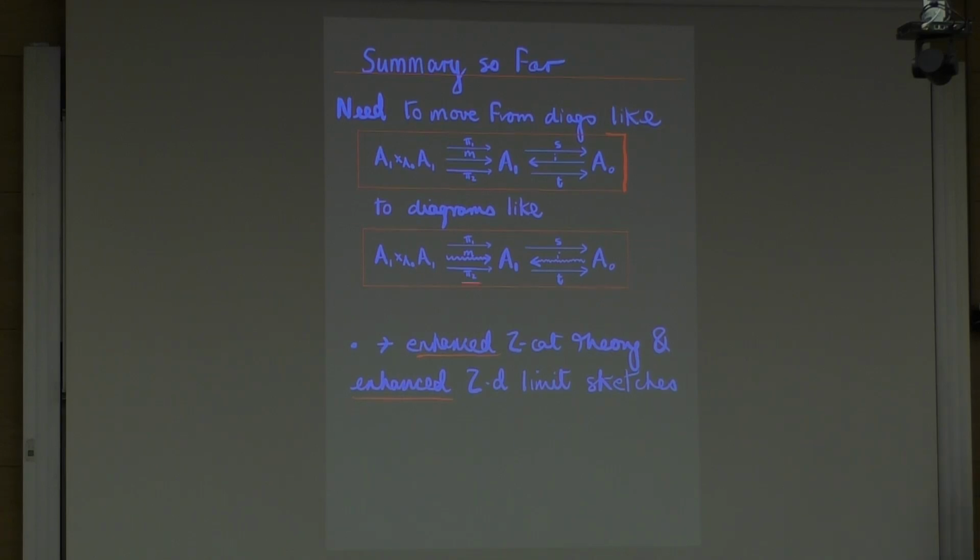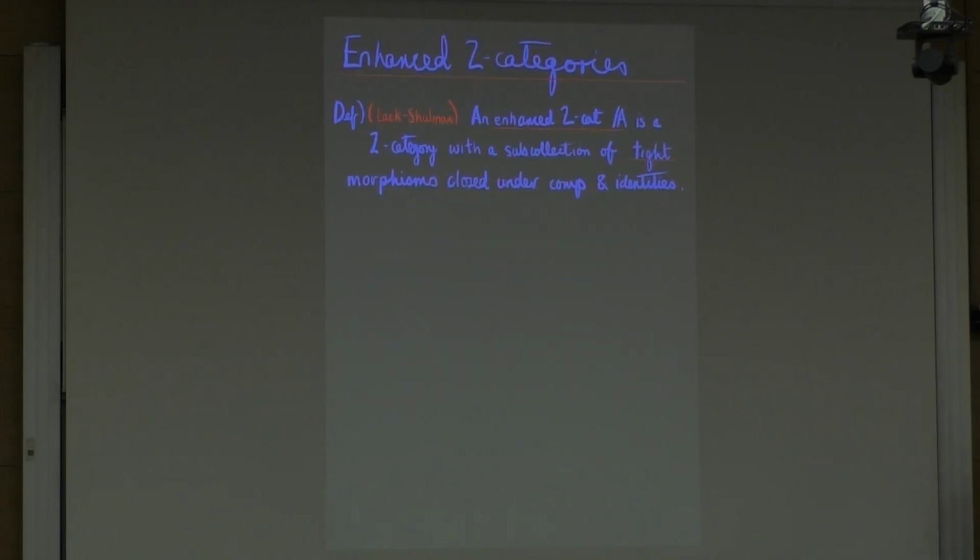But diagrams like this live in what's called an enhanced 2-category or an F-category. And that's what pushes us to enhanced 2-dimensional limit sketches to capture these sorts of structures. And so this is just the intro, and then the more formal stuff we can get into now.